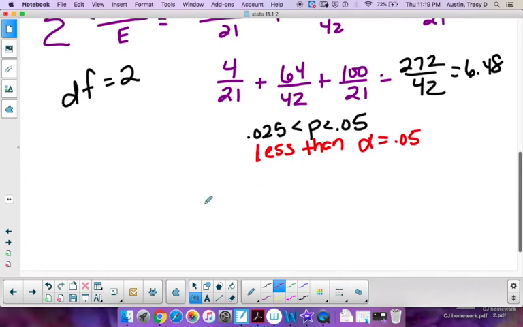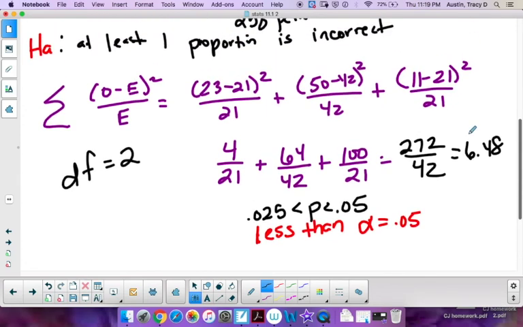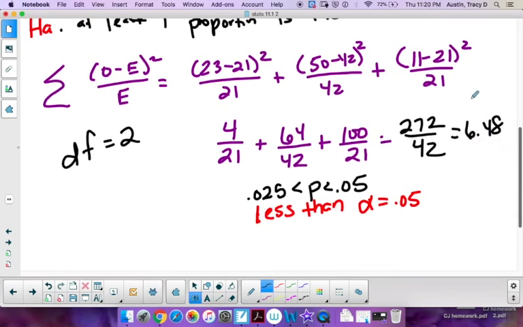So we have something very specific that we have to do when we write our conclusion. We have to talk about our biggest contributor. And I talked a little bit about that yesterday, about how a contributor is basically each of these individual pieces. Well, which one caused you to end up rejecting the null? Which one was so far off that it made your chi-square statistic so big?